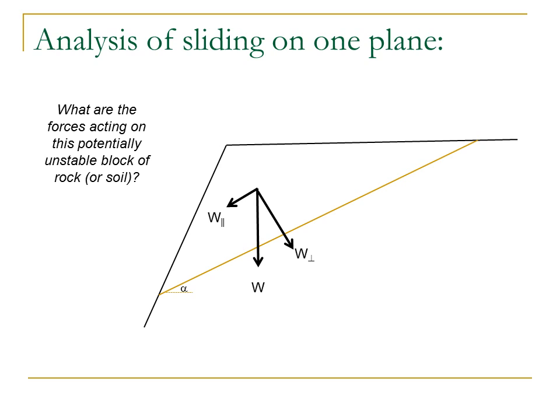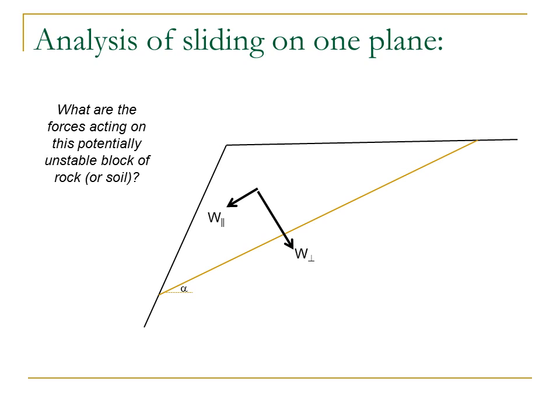So once we have it resolved into its components, we can remove the weight itself and just look at the two different components. This suggests that we should be looking at this problem in a coordinate system that is either perpendicular or parallel to the base of the slide, and that is how we're going to look at the potential instability here.